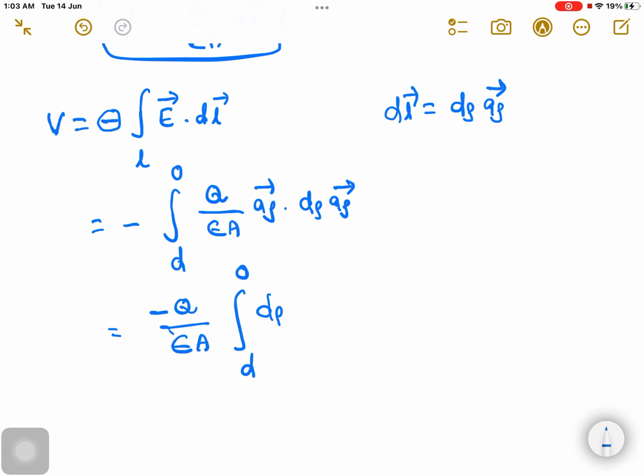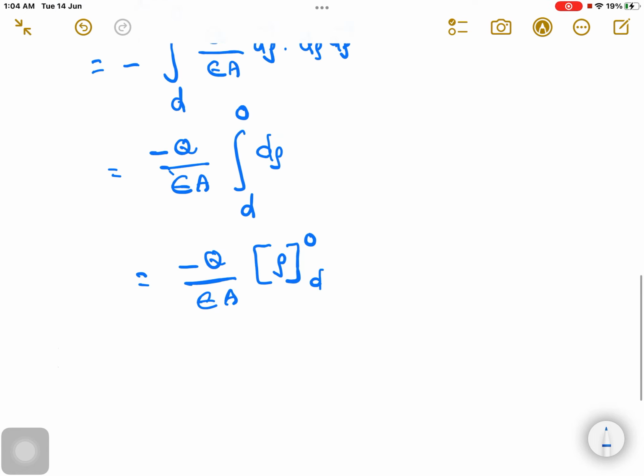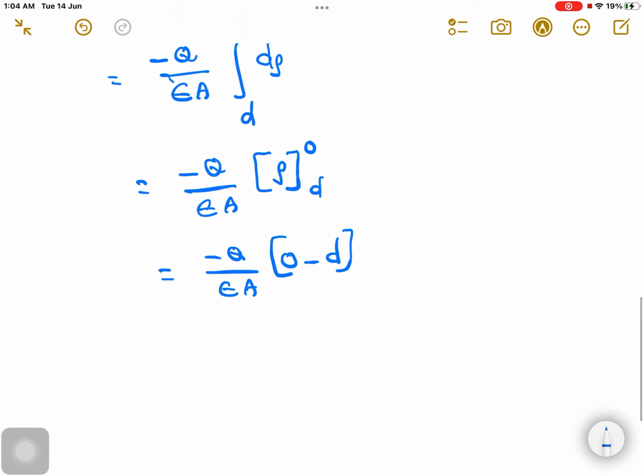So we need to do the integration only for d rho, which is given by minus Q by epsilon A. For d rho it is rho, then the limits d to 0. Applying the limits, it is minus Q by epsilon A into 0 minus d. Taking the minus outside, you will get Q d by epsilon A.